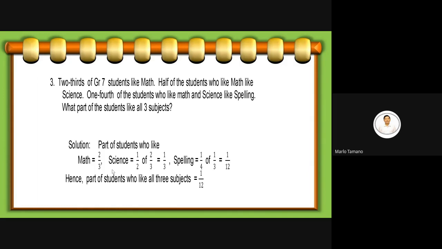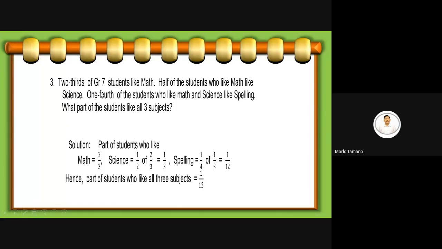Boys? Yes, sige, go. 2/3 of grade 7 students like math. Half of the students who like math like science. 1/4 of the students who like math and science like spelling. What part of the students like all three subjects? Nawawala yung S mo kapag nagbabasa ka.